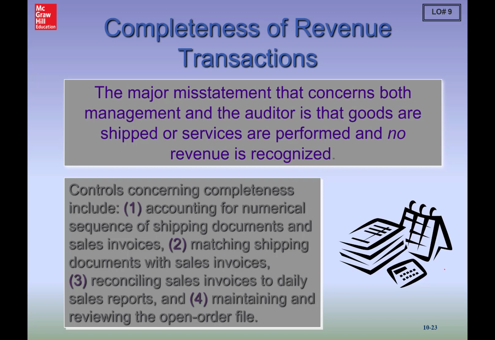So you're getting both existence and completeness. If something was shipped December 31st free on board shipping point, and they didn't include it as a sale, then you're going to want to have included it, right? You could say, well, John, that's completeness. Okay, yes, it is. But the AICPA calls it out as cutoff, right?